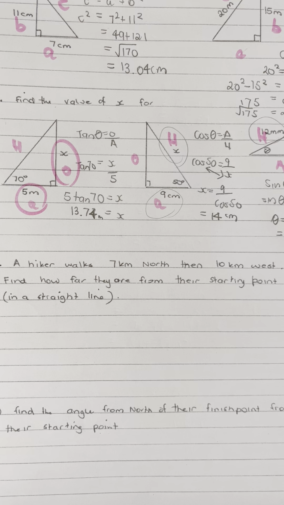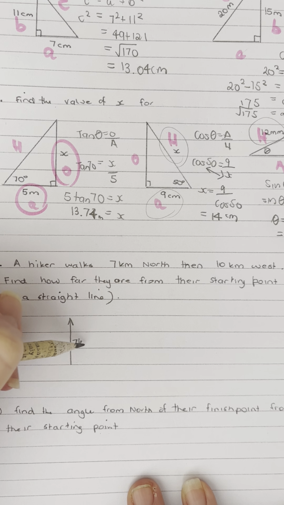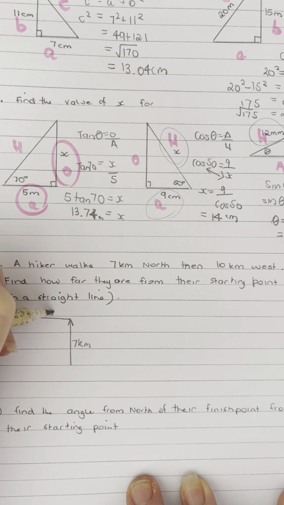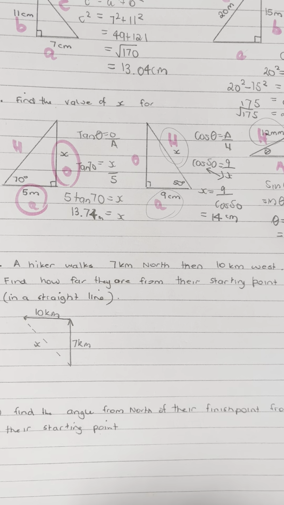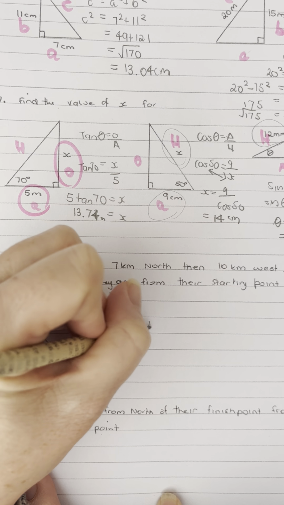Now we've got a bit of a worded question. So a hiker walks 7 kilometres north and then 10 kilometres west. And we want to find out how far they are from their starting point in a straight line. So what we've got here is a Pythagoras theorem question. So we've got c squared equals a squared plus b squared.